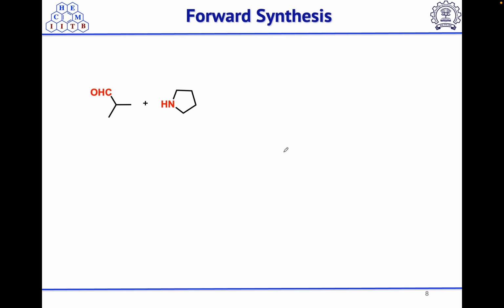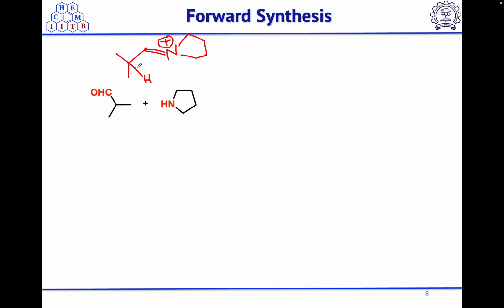So basically, first an iminium ion will form, right? This is the aldehyde carbon, and this aldehyde and this amine make the iminium ion. Now this has some acidic proton, let's say this hydrogen.